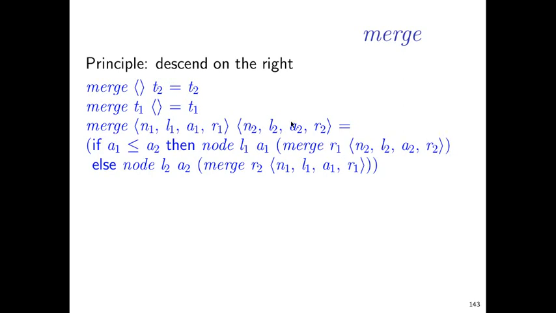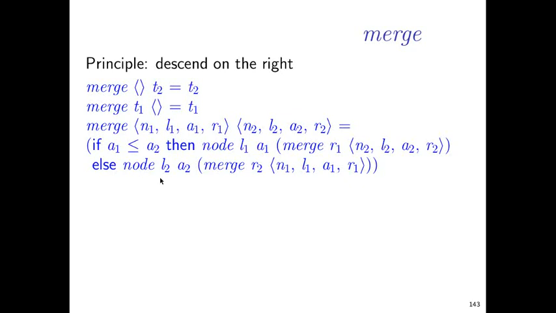If we have to merge two nodes, if this node A1 is smaller, then we put A1 at the root, keep the left here, and we merge this whole tree with the right subtree of R1.